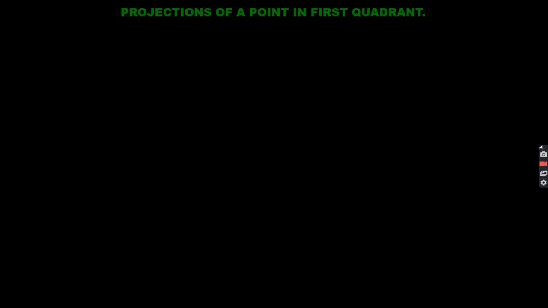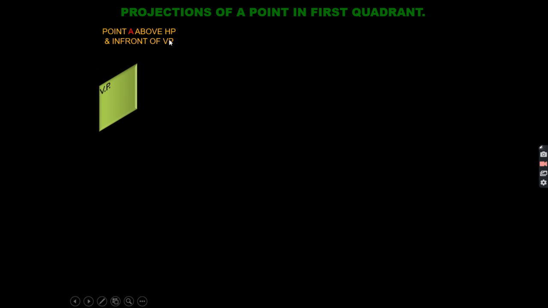Okay, so starting with the point. Suppose your point A is in the first quadrant, and the situation is like point A is above the HP and in front of VP. Okay, so the distance will be given. So it is your vertical plane and horizontal plane.